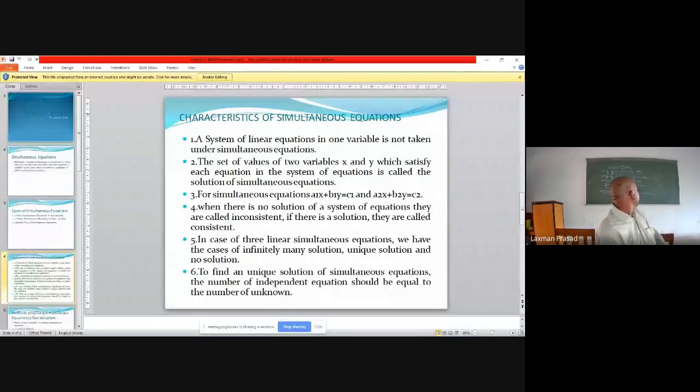Okay. Then moving to the next point. When there is no solution to a system of equations, it is called inconsistent. Many times it happens while solving equations that at the end you find there is no solution.